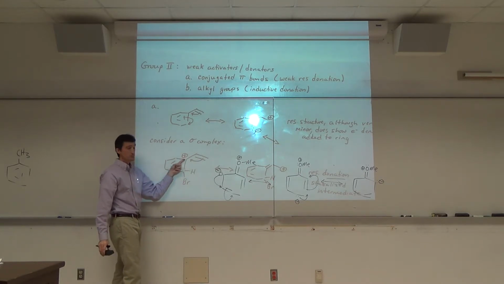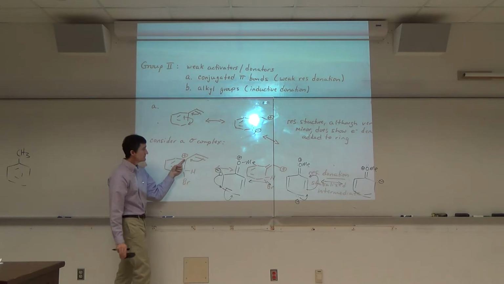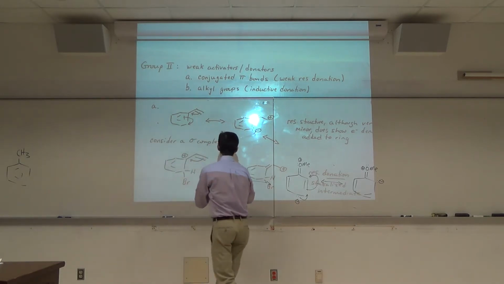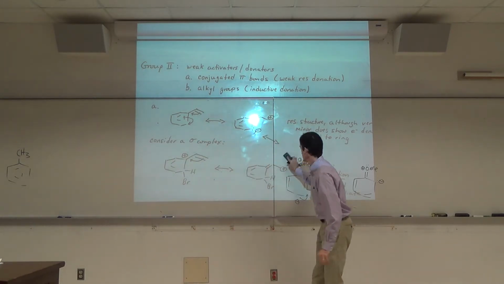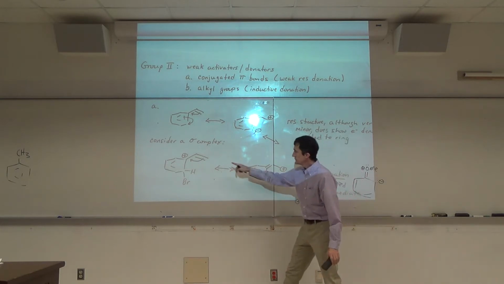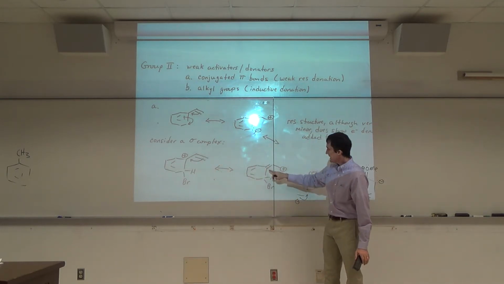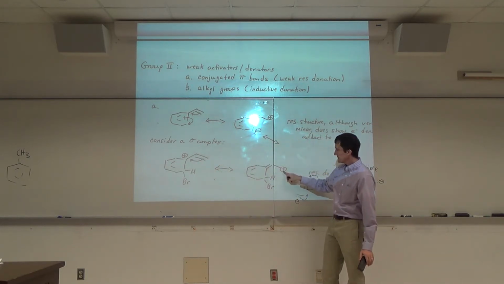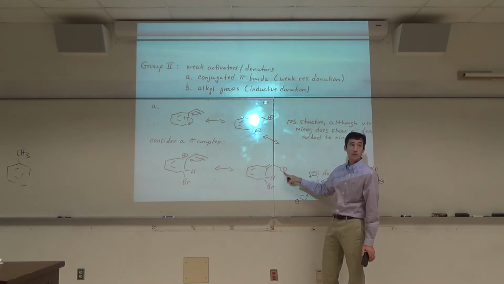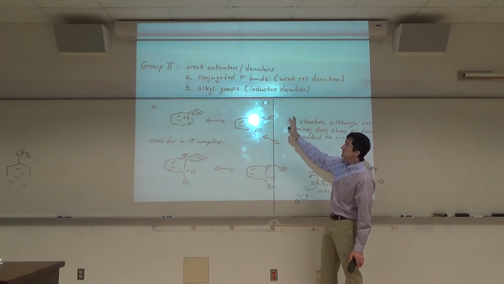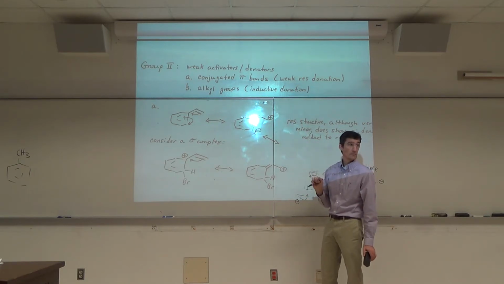Can this stabilize the plus? Yes, by resonance, as shown. Windshield wiper it over, and we stabilize the carbocation, we delocalize it. Now it's not great because we're making a primary cation, but it is some delocalization. It's not great, that's why this is a weak effect.